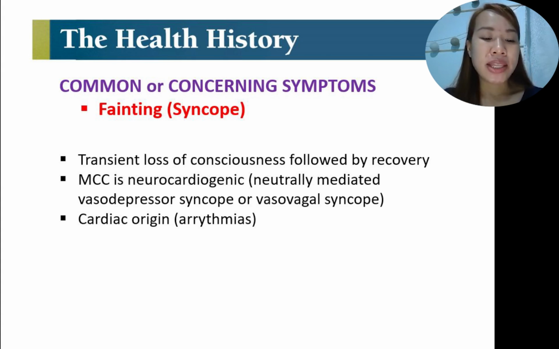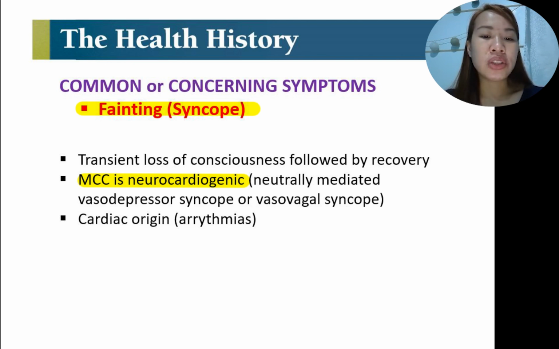Next is fainting or syncope. So this is also known as blacking out, or the transient loss of consciousness followed by recovery. So we have to take note, class, that the most common cause is neurocardiogenic, also called neurally mediated vasodepressive syncope or vasovagal syncope.